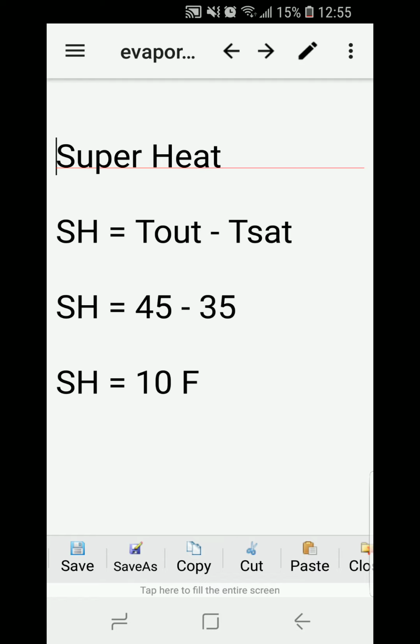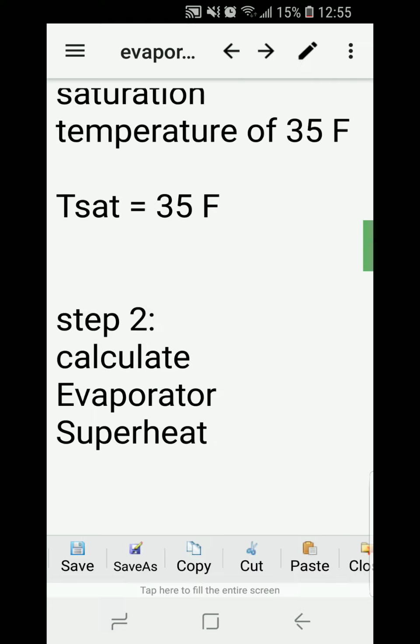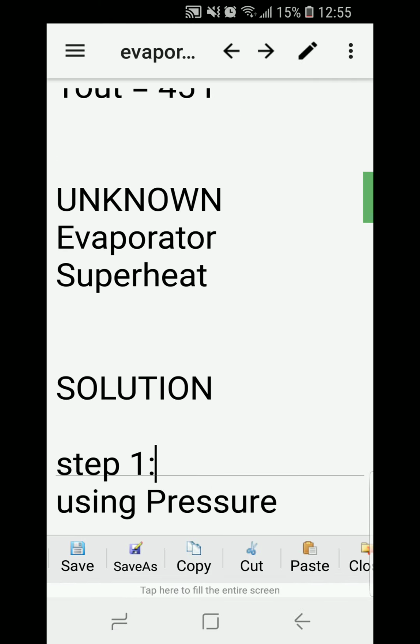So then calculating for the superheat, we know the T out is 45. Right there, it's given.